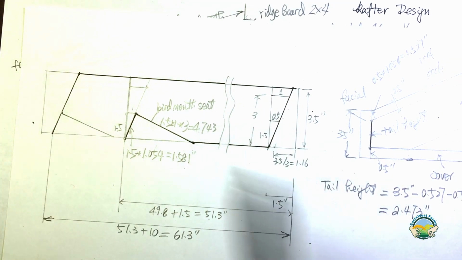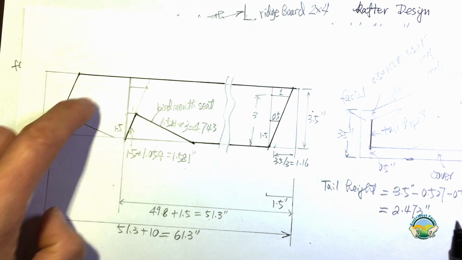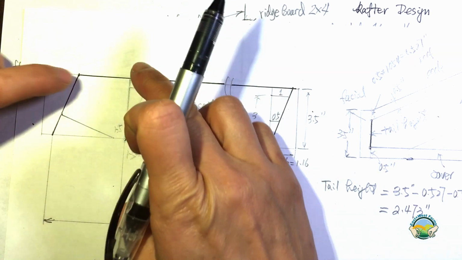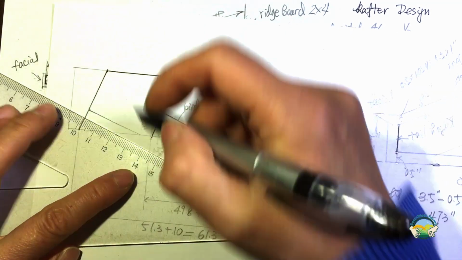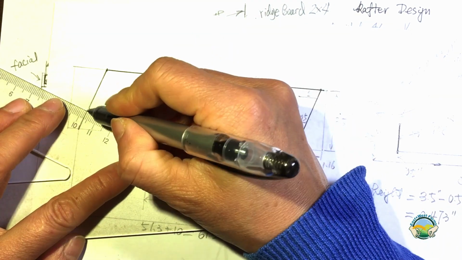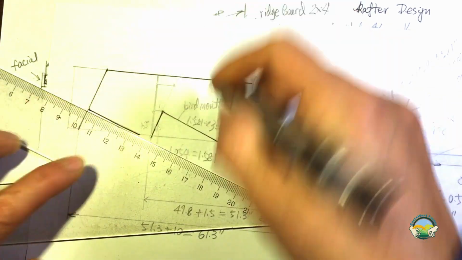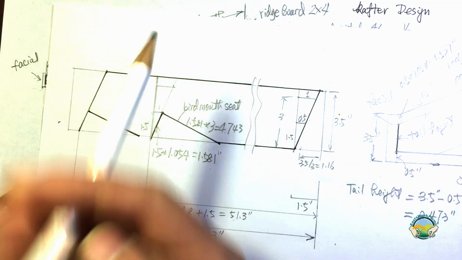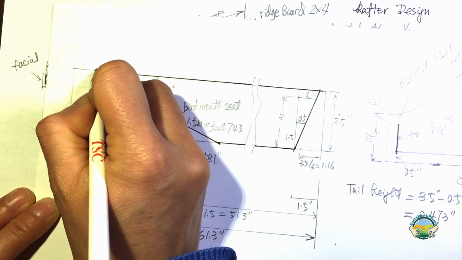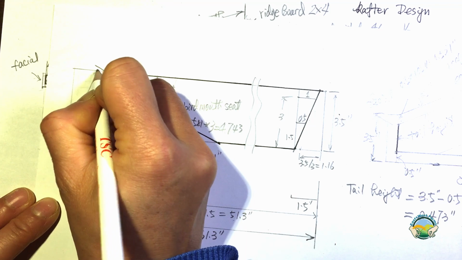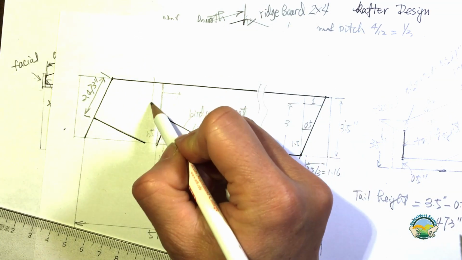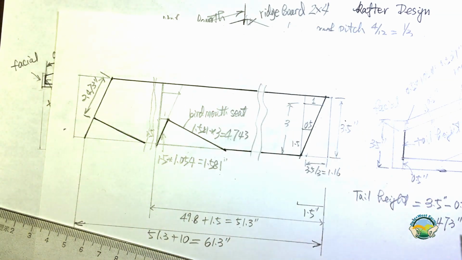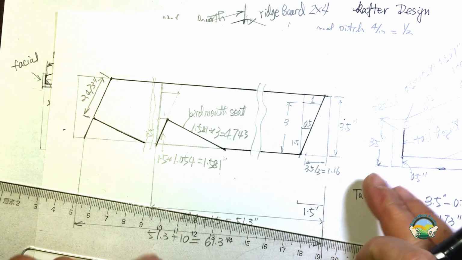over there. And of course, this length is not to proportion. This is not so close to the bird mouth because this length is not 10 inches, because I have limited room over here. So that dimension is my tail height, 2.473 inches. So I probably should put a wiggling line over here to show that it's not really so close.